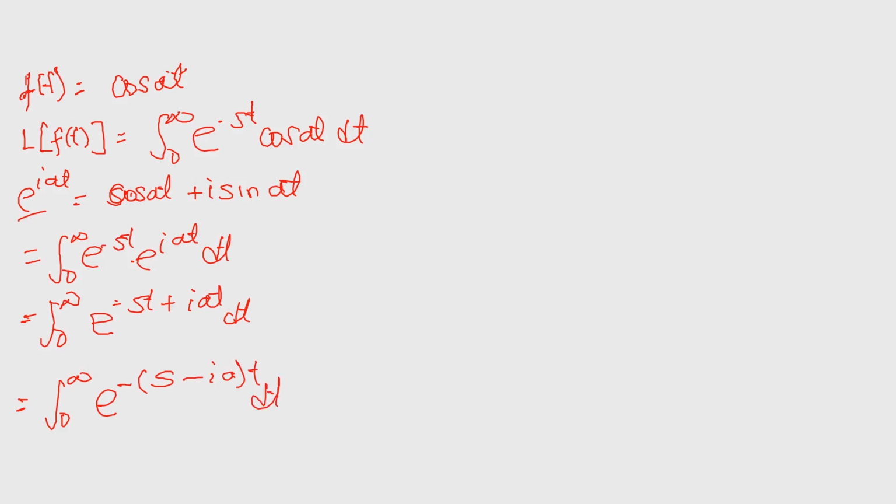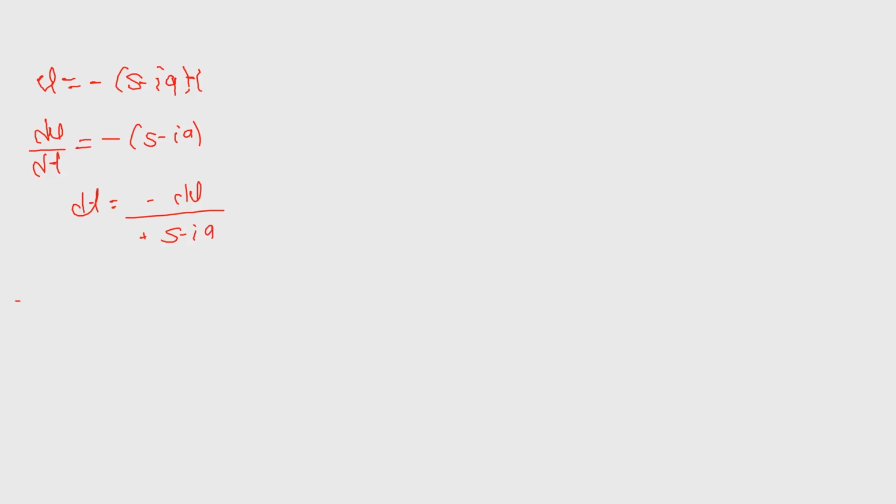You say if you're integrating this now, let u be equal to minus (s minus ia) t. So your du dt will be equal to what? Open bracket s minus ia, then your dt will be equal to minus du over s minus ia, we already took the minus up here.